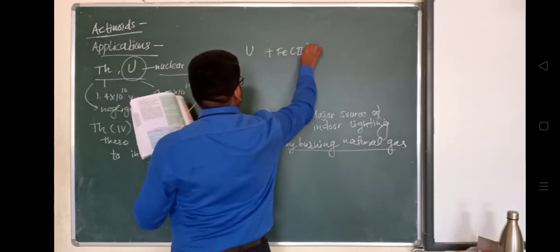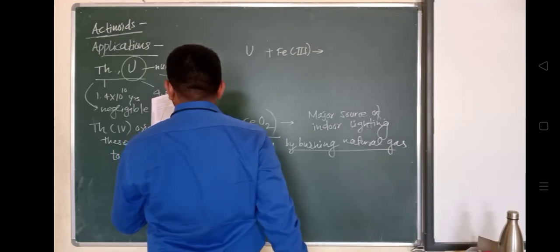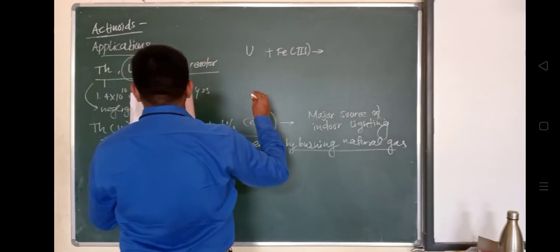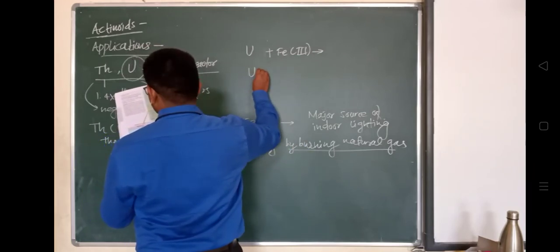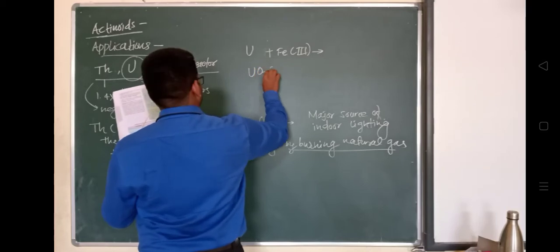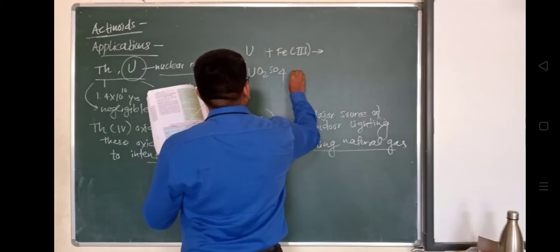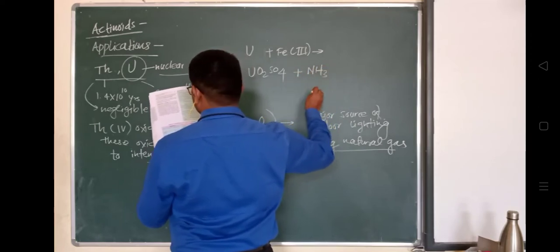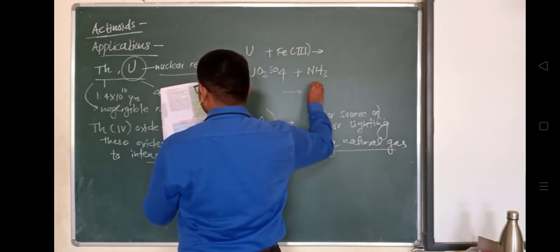So in short, on addition of H2SO4 we get uranyl sulfate, that is UO2SO4. When this is mixed with ammonia, I'm not going to write down the complete reaction, it gives rise to ammonium diuranate, the compound (NH4)2U2O7.